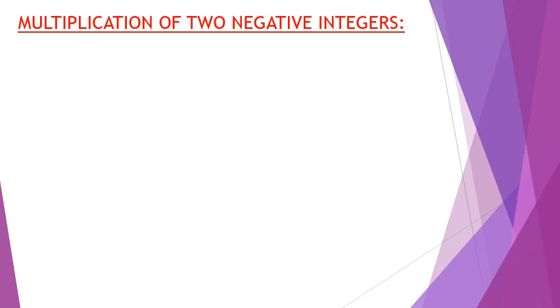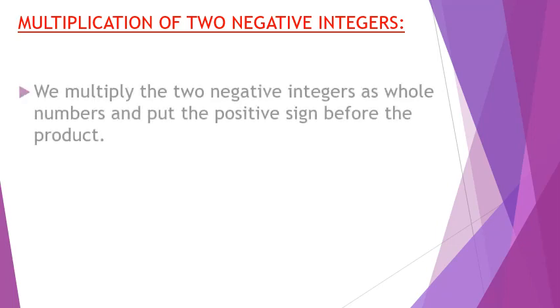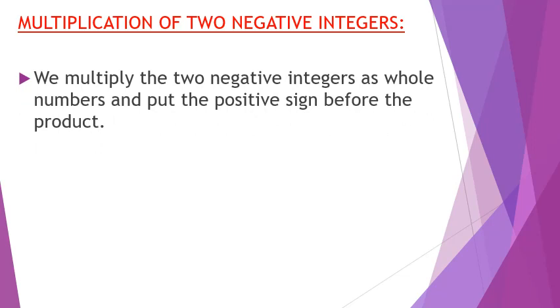Next is multiplication of two negative integers. We multiply two negative integers as whole numbers and put the positive sign before the product. That means if we multiply two negative integers, the result is always a positive integer.